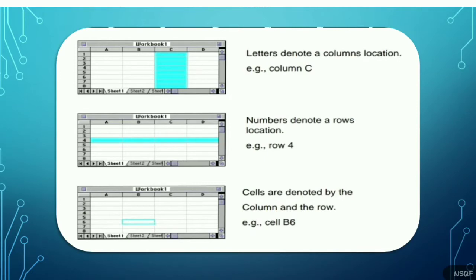Rows are basically denoted by numbers, like in a single line. And the cells are denoted by the columns and rows. I have already told you, it is the intersection between the rows and the columns.